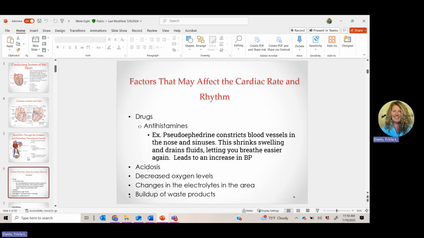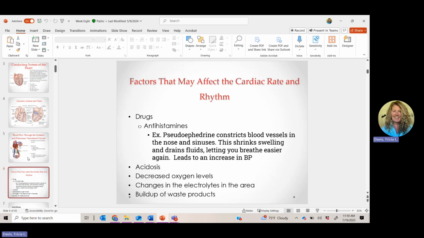One of the first things we definitely always want to think about is drugs. Did we give our patients something that has now adjusted their cardiac rate or their rhythm? Antihistamines, we talked about this last week, are one of those classes of medications that can cause issues. For example, pseudoephedrine, we talked about this with our respiratory slides.